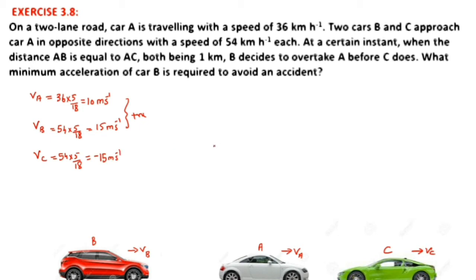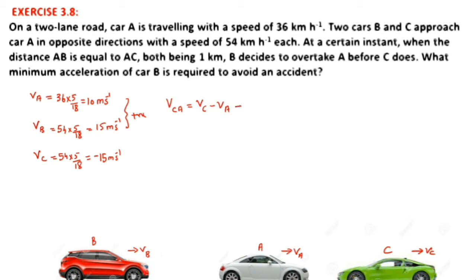Now what is the question talking about? What is the minimum acceleration of car B required to avoid the accident? Car C is also trying to overtake. So what is the relative velocity of car C with respect to A? It is VC minus VA, the relative velocity formula.